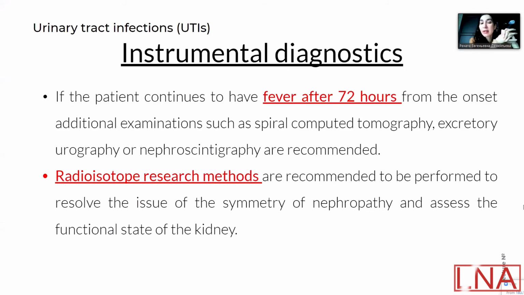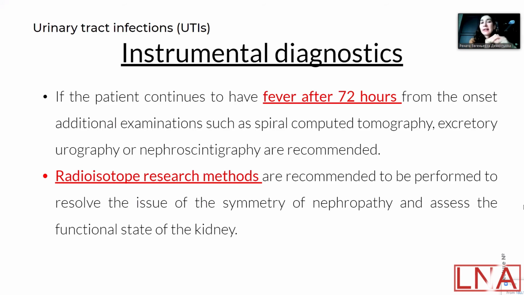Radioisotope research methods are recommended to resolve the issue of the symmetry of nephropathy and assess the functional state of the kidney. In fact, pyelonephritis is usually associated with one side affected. It can be two sides affected, but usually one kidney is more affected.